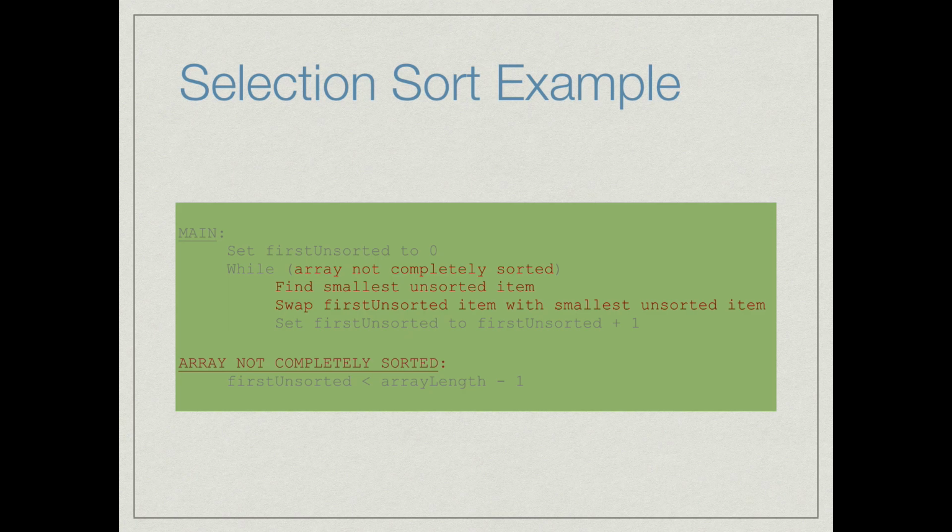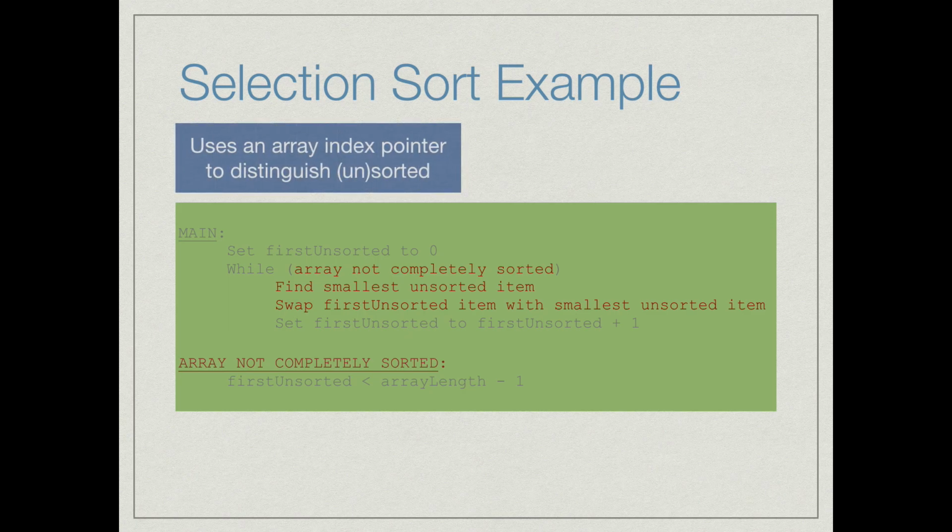So we can define here that the array not completely sorted logic block is simply whether the first unsorted index is smaller than the last index in the array. So length minus 1. It still requires many passes through the array, but the benefit here is that we're only ever working with the original array itself, and we're not actually duplicating another array into memory.